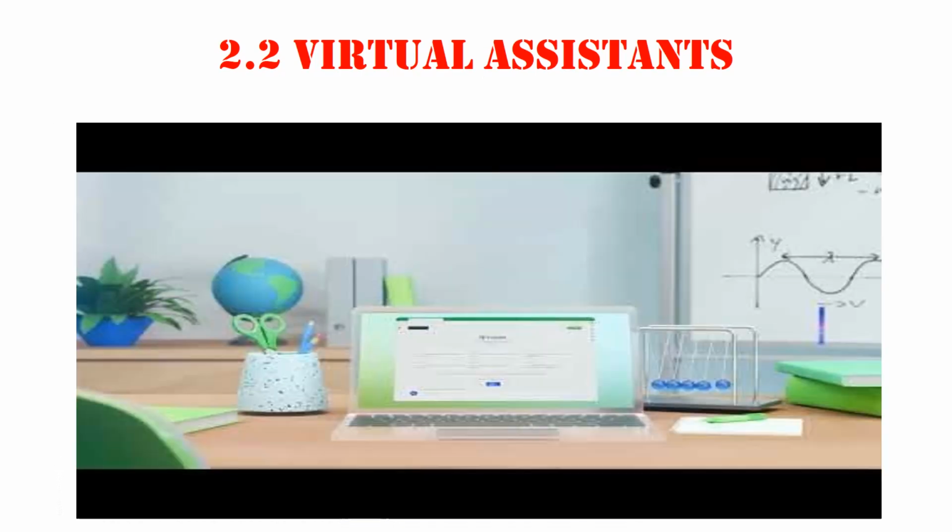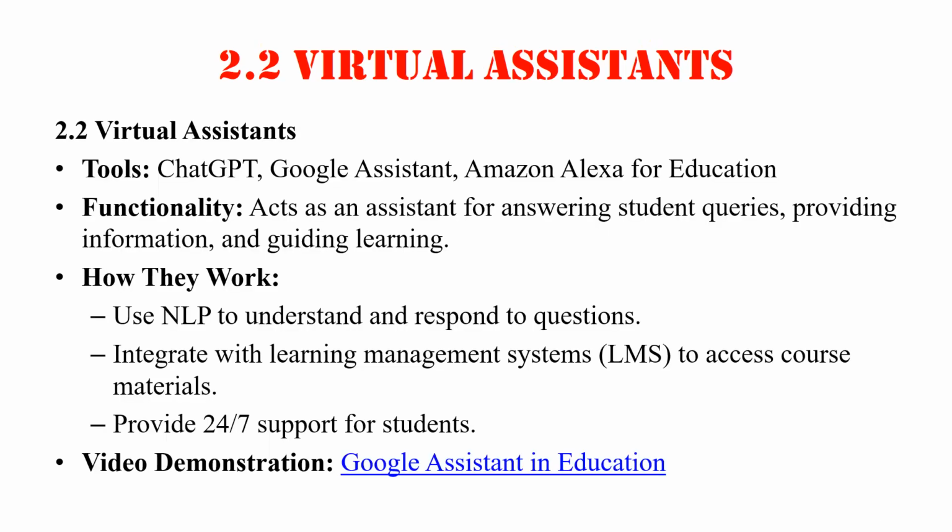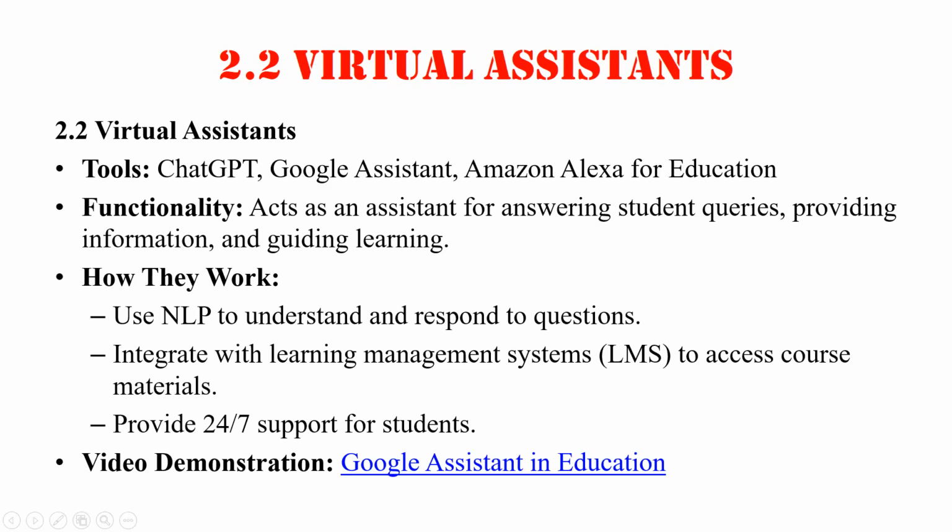So you can just search for Google Assistant for education. Google Assistant in education. So you don't need to find many other things that can disturb you and so on.